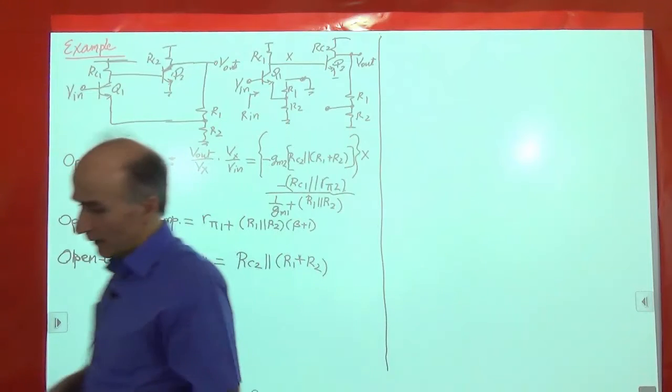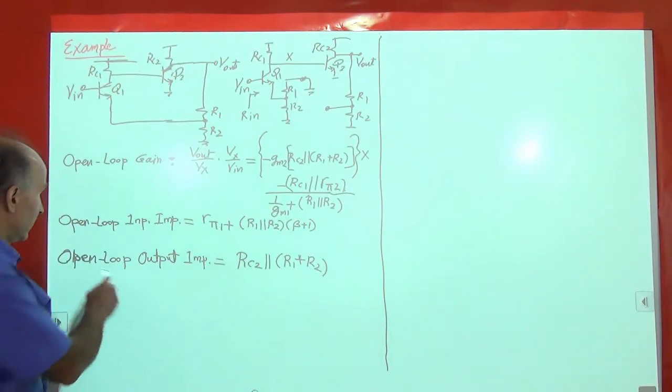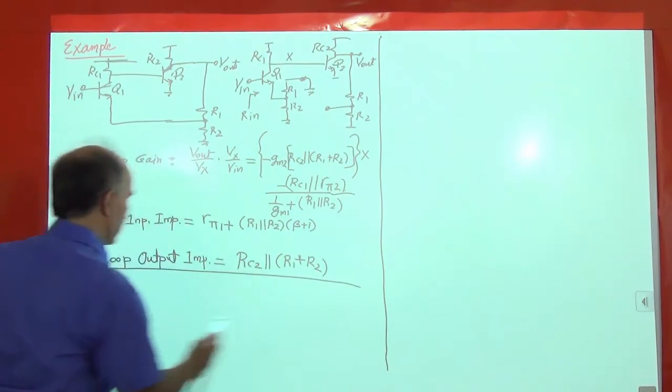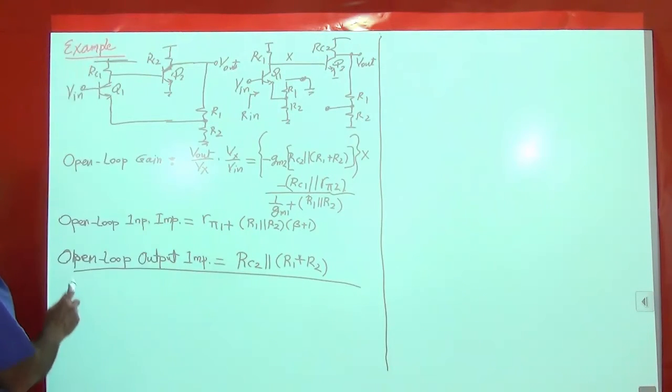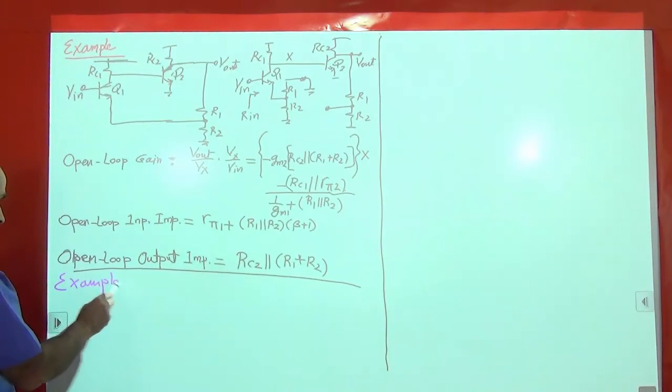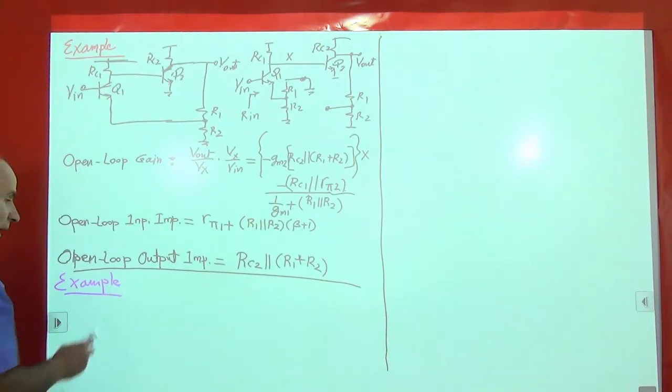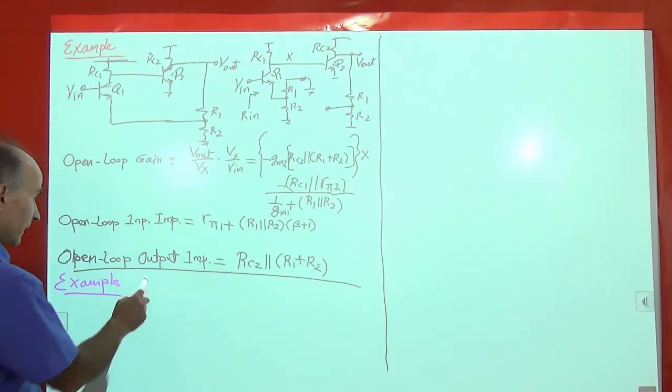All right, let's look at another example of opening the loop. So let's go and look at this example. Again, this is a circuit we have seen in the past, but now we want to analyze it more carefully.